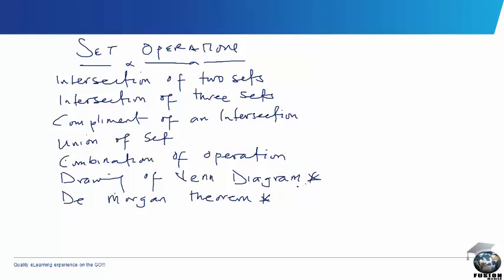We start off by talking about intersection of two sets. Two sets X and Y are said to intersect such that elements that are common to both sets can be distinguished.